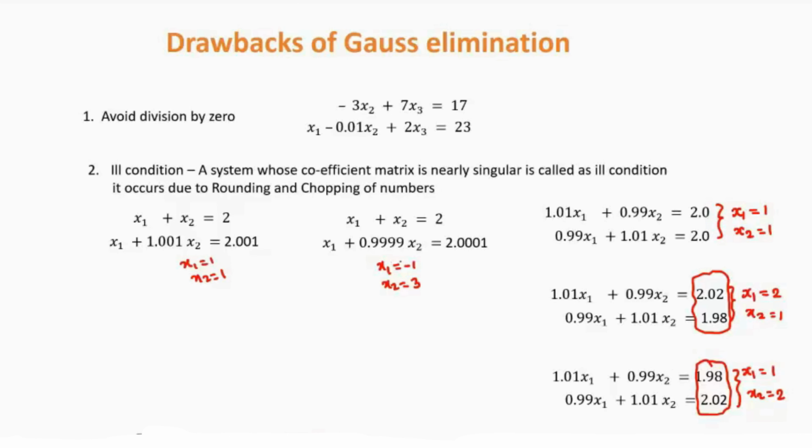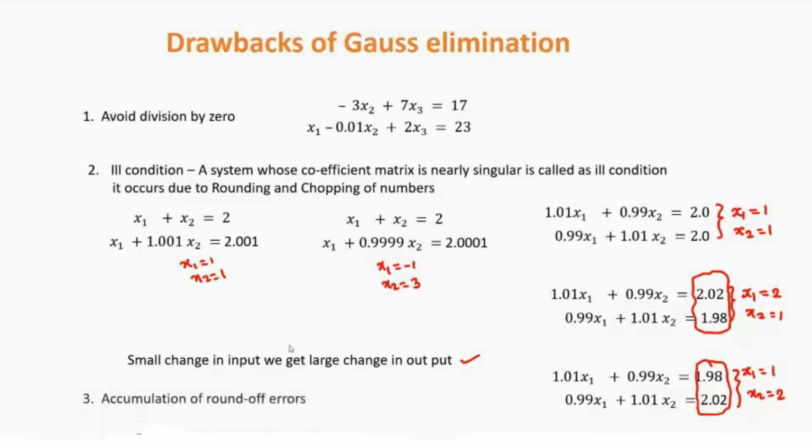So you can see here the very little modification in the coefficients of a variable leads to different values. So such a condition exists. When you are using the Gauss elimination method, this is one major drawback. A small change in input gives large changes in output. This situation is called ill condition.